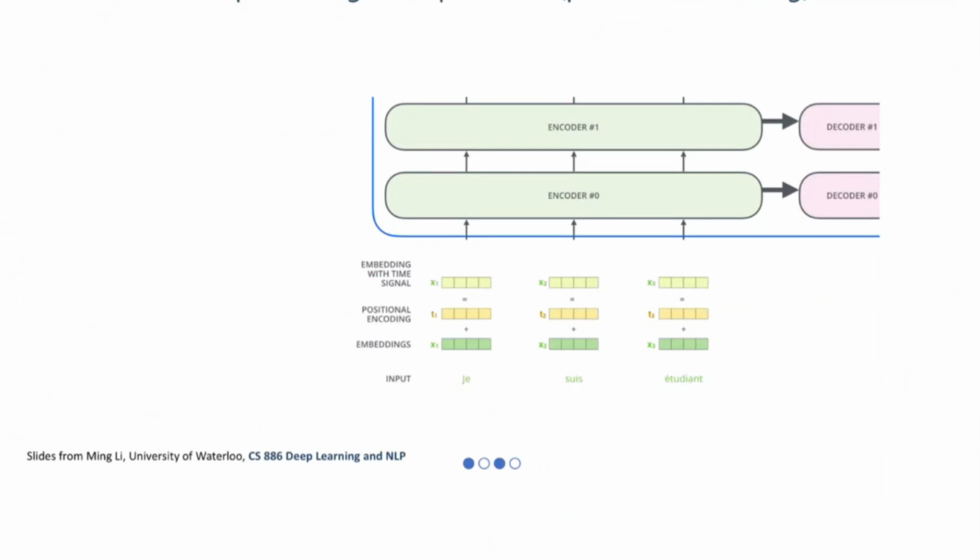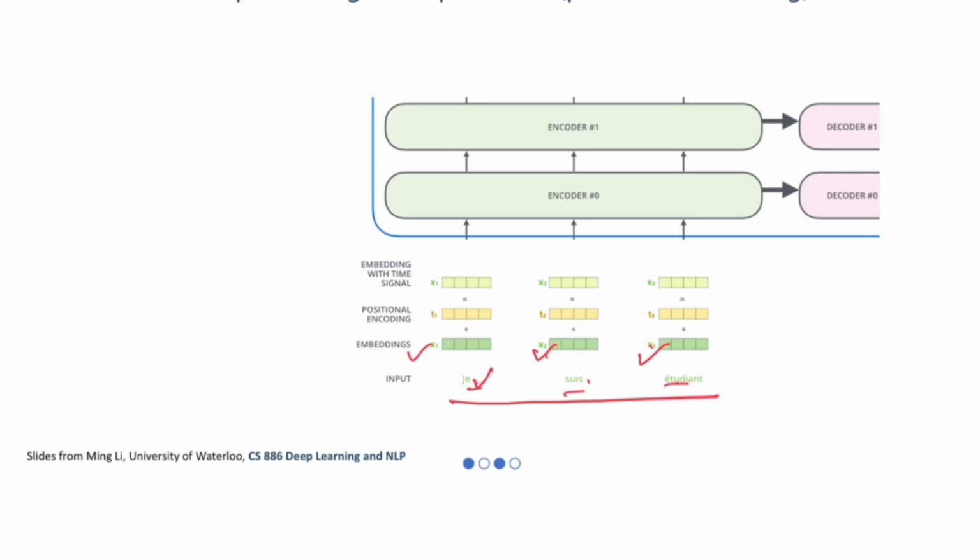So till now, let's take the example of the translation task. We have given this sentence, and these are the words. First we convert them into embeddings x1, x2, x3. x1 is for this, x2 is for this, x3 is for this. Now I'll apply the positional encoding.